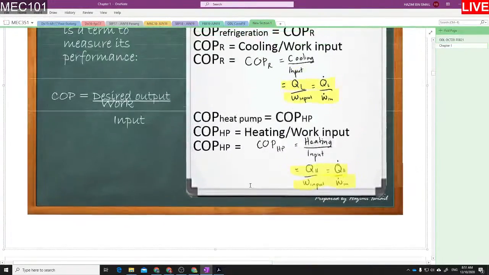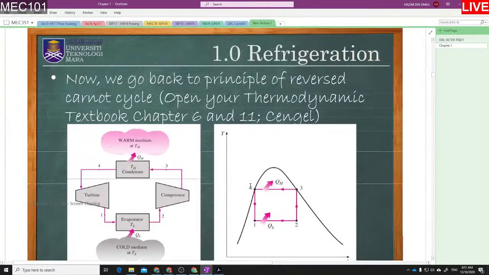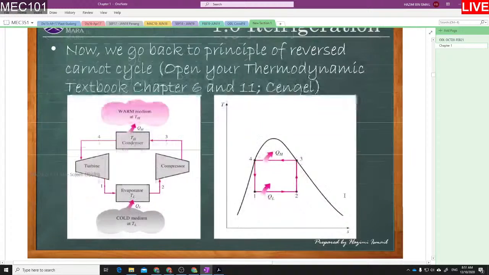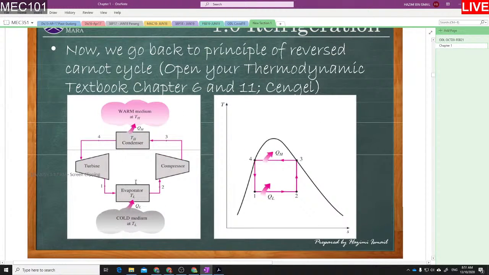Okay, let's skip the COP first. We go to the interesting one. Maybe most of you are familiar with this figure, the thermodynamic cycle. Of course, you have faced this in your thermodynamics.